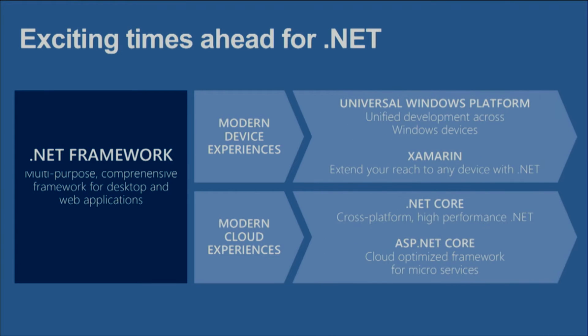It's an exciting time here in 2016 for .NET. The .NET framework has been enhanced. It's changing, and we're adding new features, we're adding new runtimes. You've got these two main points that Microsoft is focused on: modern devices and modern cloud. So we've got Universal Windows Platform.